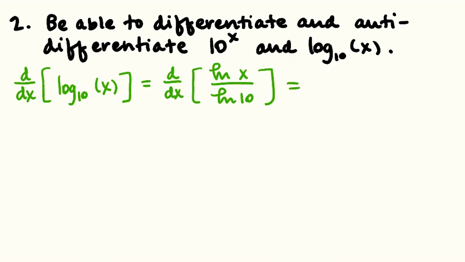And that's going to be pretty easy because natural log of 10 is just some number. And that's going to be 1 over x, because the derivative of log is 1 over x.